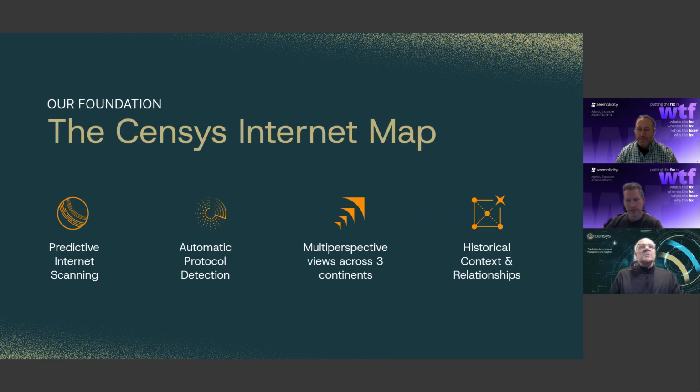And the result is that we end up with a scanned internet with a really, think of it as a very deep digital map of the internet. So automatic protocol detection, multi-perspective across 3 different continents. And every time we touch an asset, we snapshot that asset, and we have those snapshots.